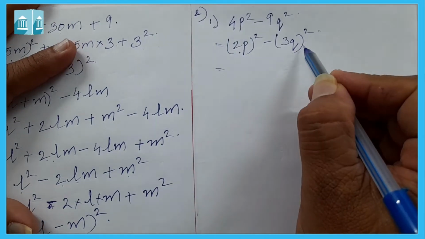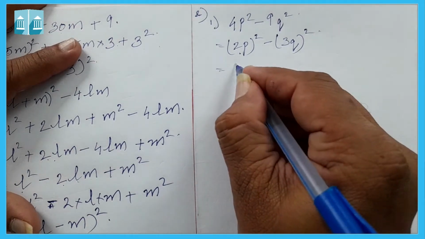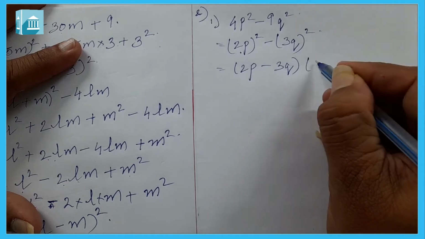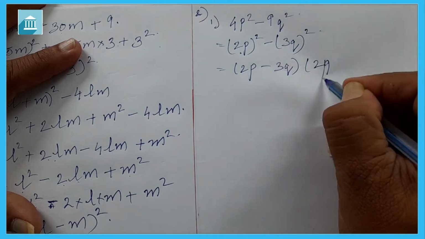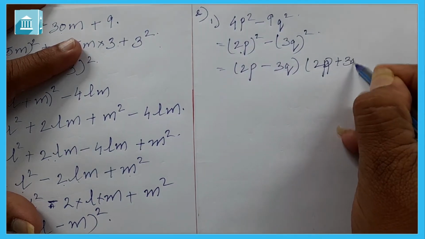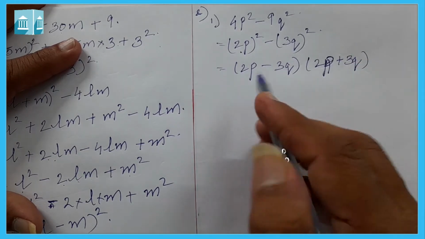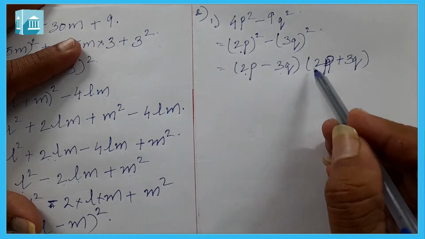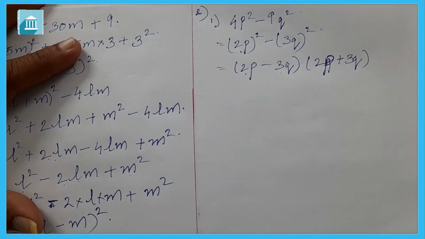This is a square minus b square. So a square minus b square is equal to 2p minus 3q into 2p plus 3q. So this was the factorization of 4p square minus 9q square, that is 2p minus 3q into 2p plus 3q.